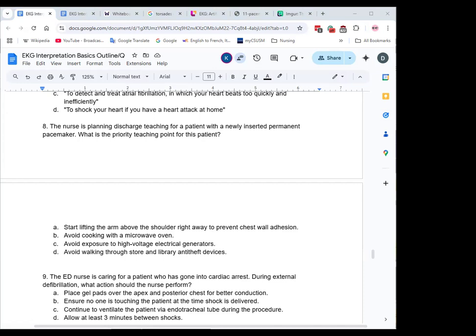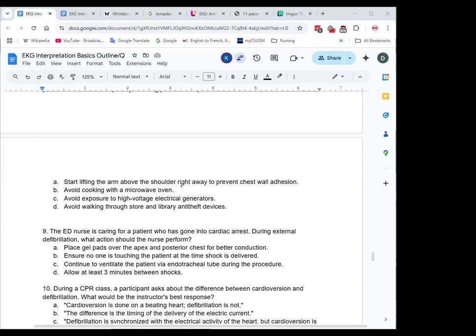Could be a week, could be several. Apparently, I just found out anti-theft alarms may be triggered, so patients should be taught to walk through them quickly. I didn't know that was a thing. You don't have to know that, don't worry. But they don't interfere with the pacemaker function. That's it. Yeah, that one's pretty straightforward. The answer is C.